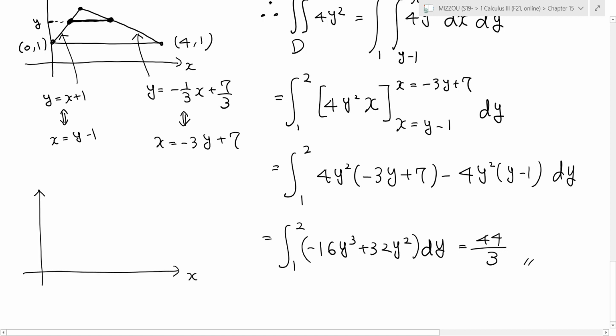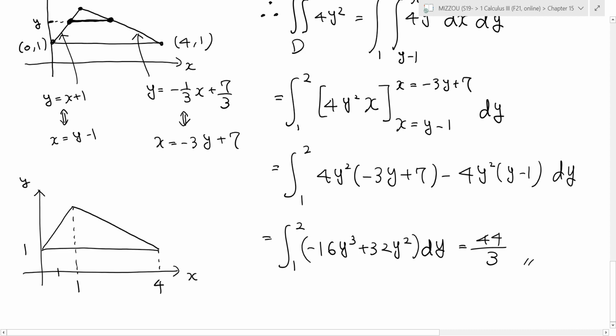So here's x and here's y. In this case, we have a triangle like this. Here's 4. Now, if you want to fix x first, this is 1. Depending on where you are, you get different y values.